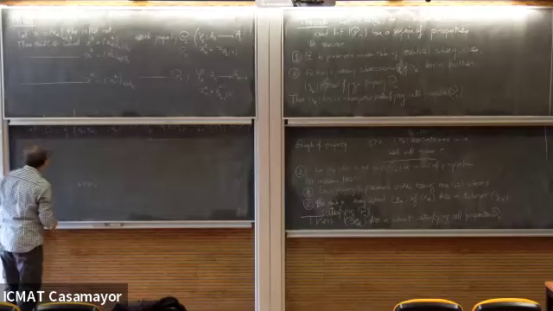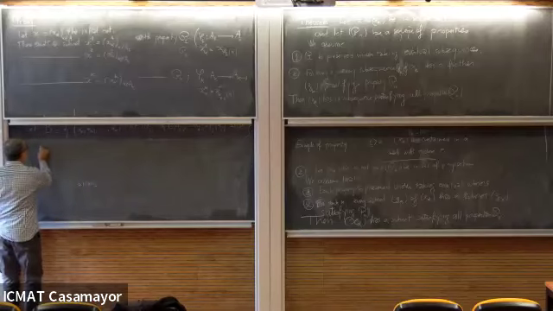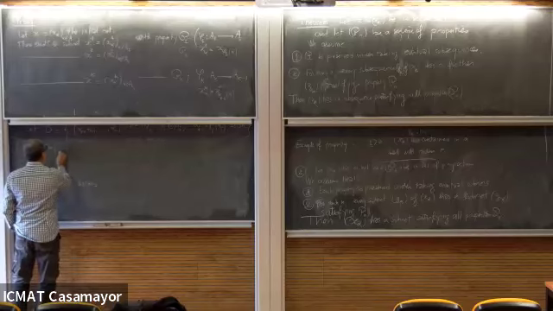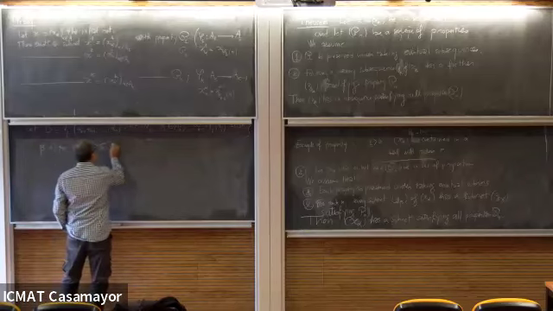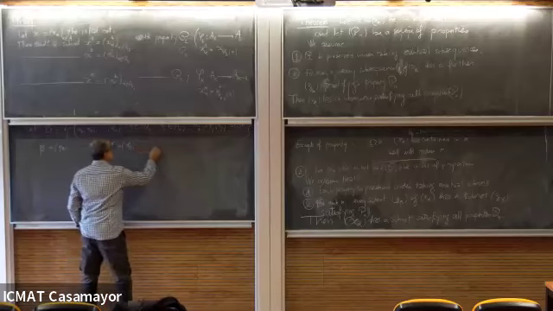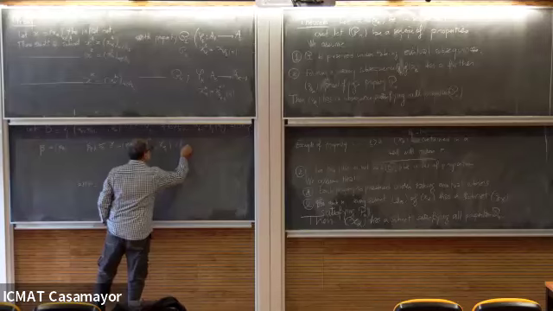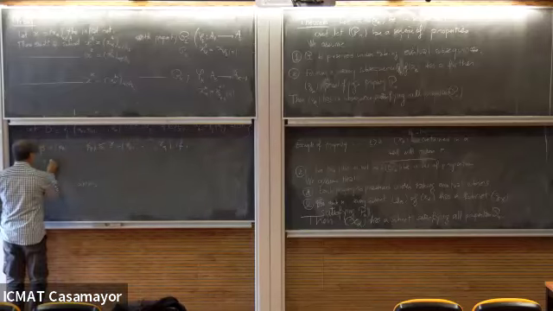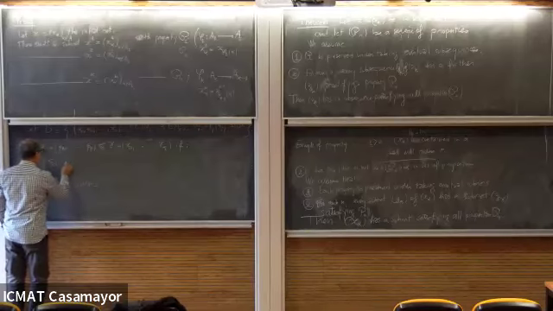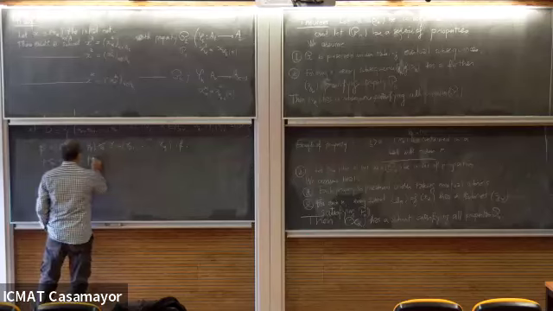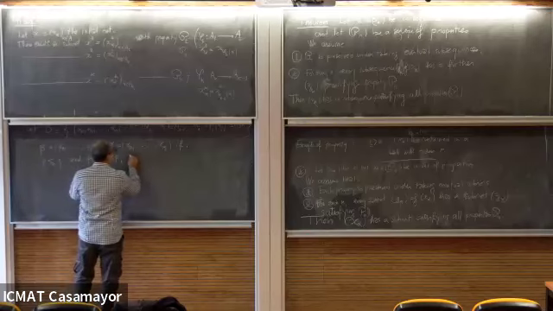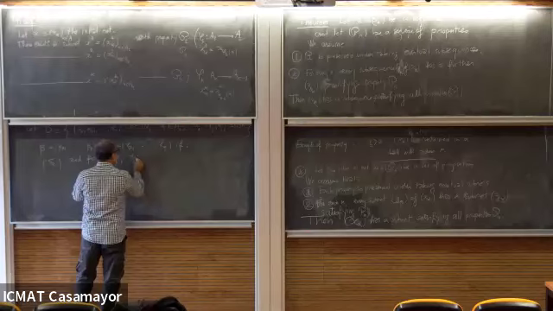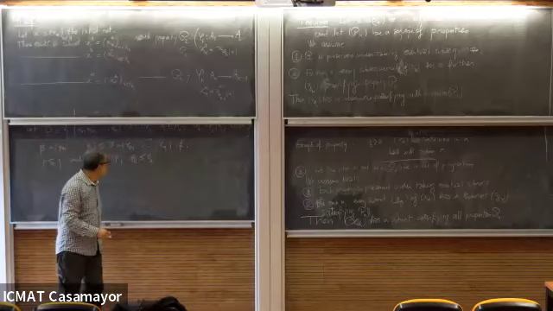Now we define a preorder here. We will say that beta equal to beta 0, up to beta p, is less or equal than gamma equal to gamma 0, up to gamma q, if we have two conditions: that p is less or equal than q, and for i between 0 and p, beta i is less or equal than gamma i.